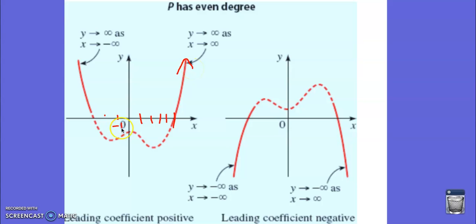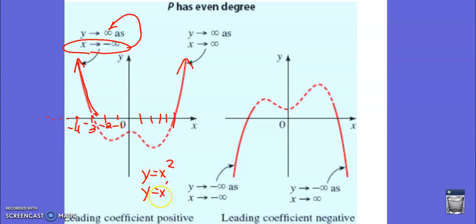As x goes to negative infinity, as I get further and further away, notice y still goes to positive infinity. So again, on even functions, y equals x squared, y equals x to the 4th, y equals x to the 6th, they all have this same end behavior.